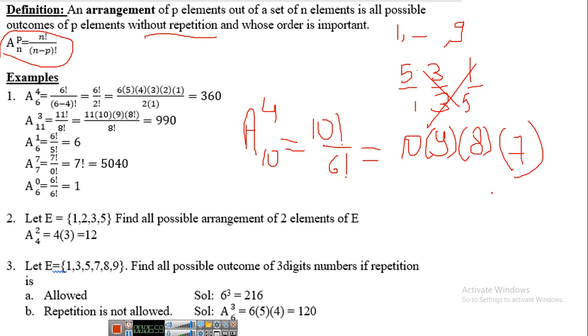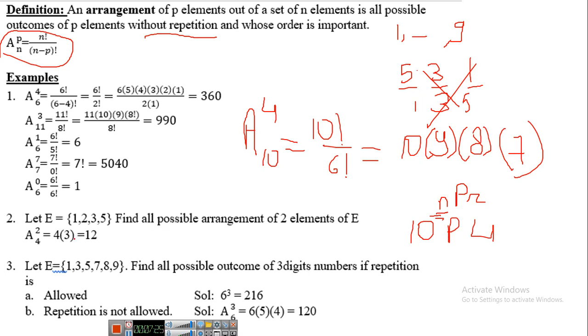You can see nPr in the calculator where you have the times, but always you start by the biggest number. So if you want arrangement 4 out of 10, you say in the calculator 10, you press shift times. When you press shift times, you get P, and then you write 4 near it. You will get the answer 5040 that you found here.